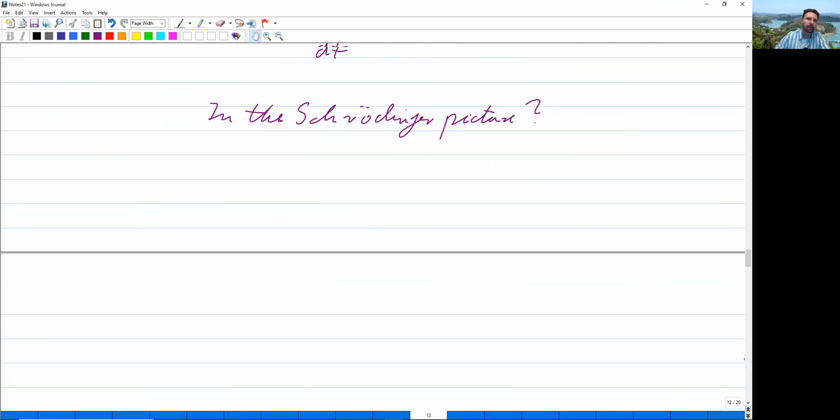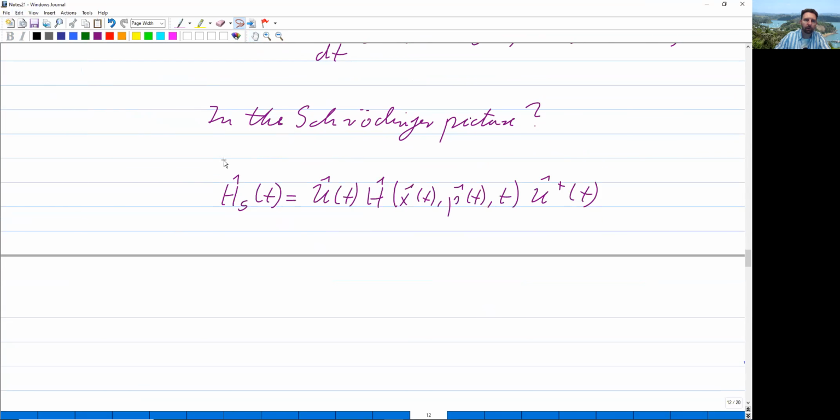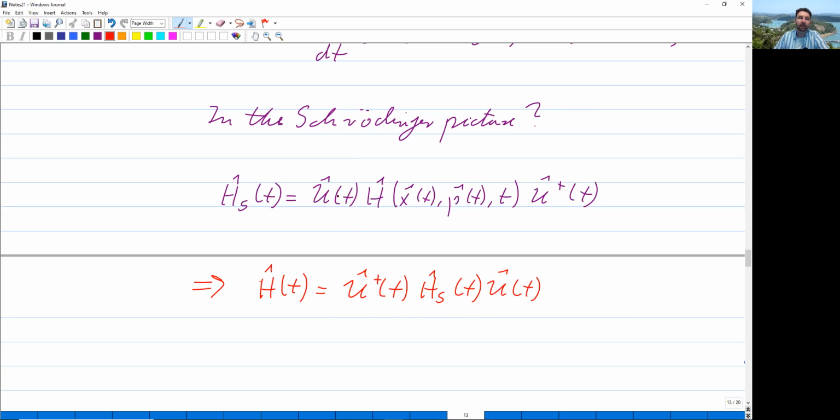So we have this, and therefore we have that the Heisenberg picture Hamiltonian is equal to u hat dagger of t, Schrödinger picture Hamiltonian, and then u hat of t, right? Just by taking this equation, multiplying it from the left and right with u hat dagger and u hat.